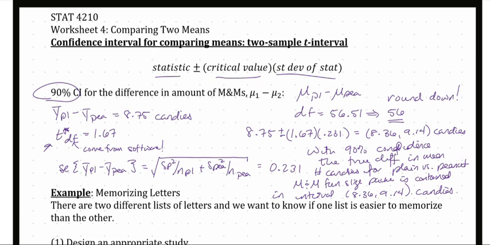So even though the plain packs and the peanut packs were different from each other, a given peanut pack was never that different from 7 candies, and a plain pack was never that different from 16 candies. And because we had such little variability within groups, we have not much variability when we compare between groups.